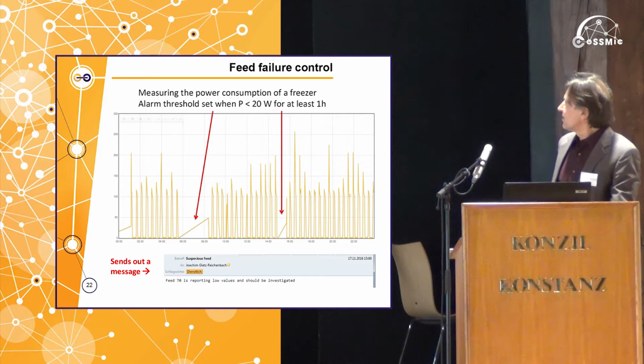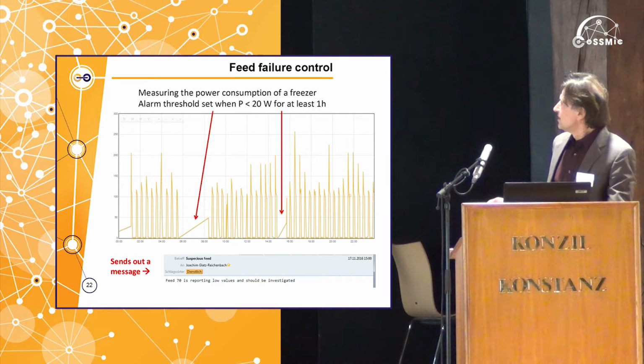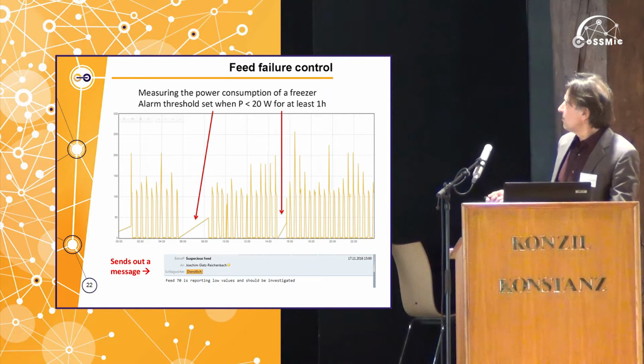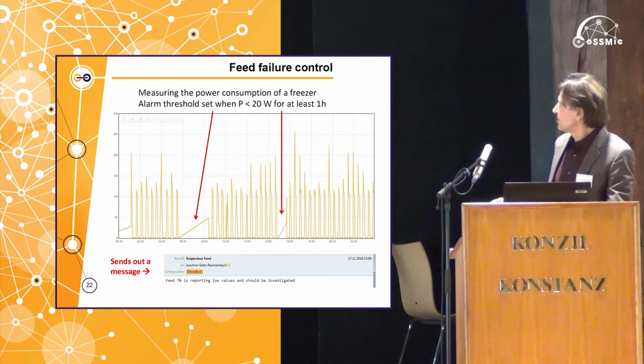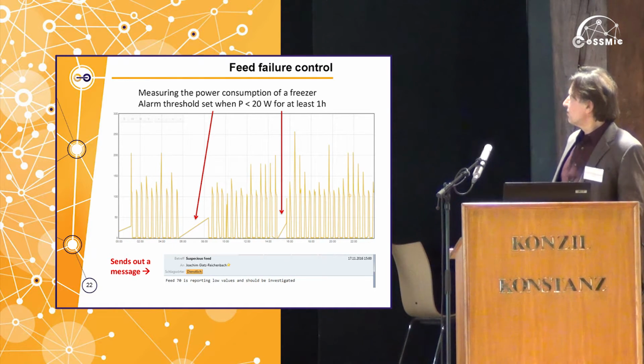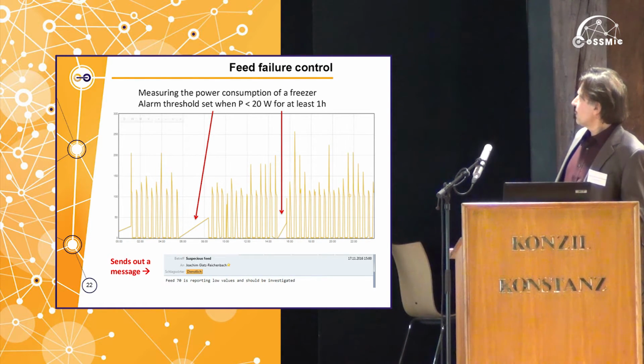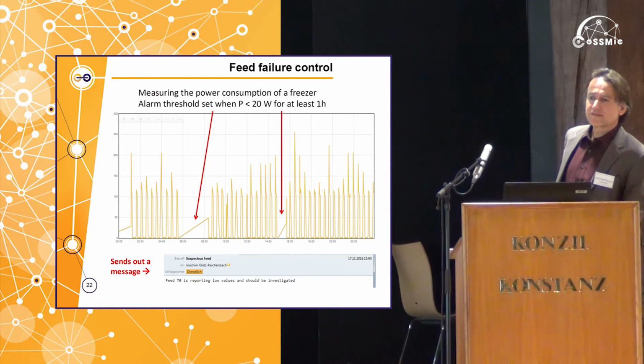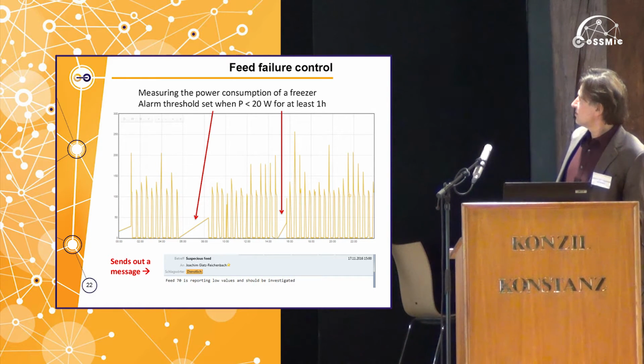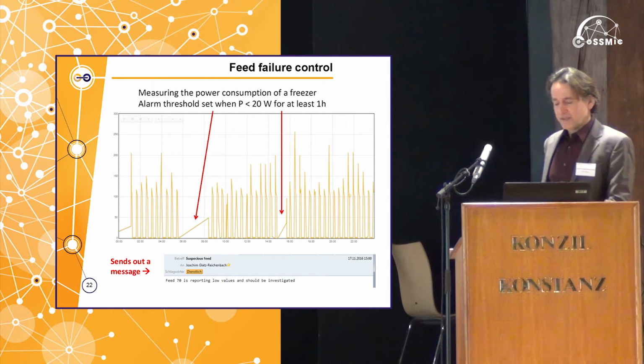Then, as you can see, that's the power consumption of a freezer. It continuously goes up and to zero, that means 1 to 2 ratio of the power consumption. And here, that's not that the system went down, but the transmission failed for some reason. And so the system sends out a message just to me that I have to have a look at the feed because something is probably going wrong.